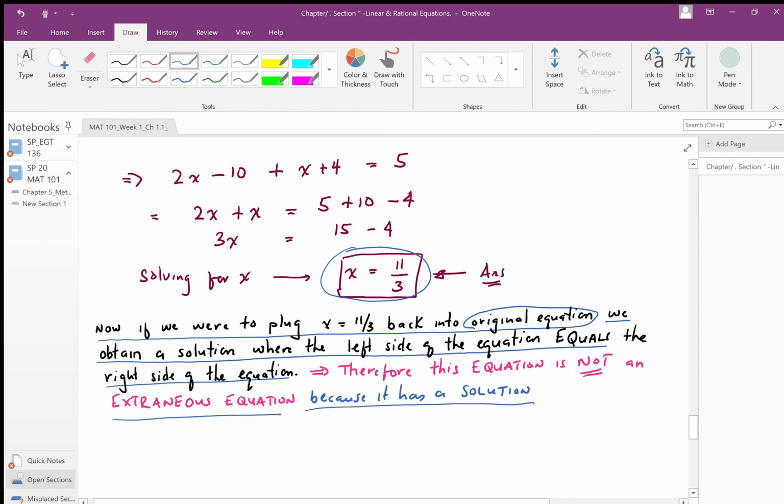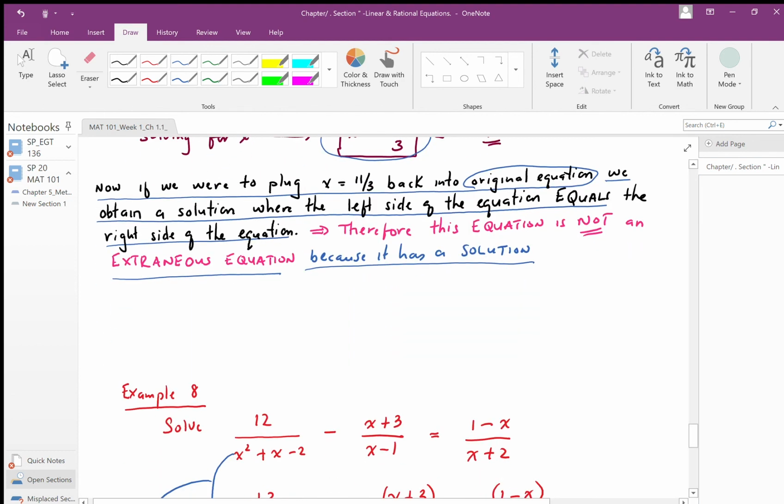Whenever you don't have a solution, it's going to be an extraneous solution, while when you do have a solution, the left-hand side equals the right-hand side. These are terms I want you to keep in mind. It's very important that you know how to determine if the equation has a solution or not. Thank you very much.